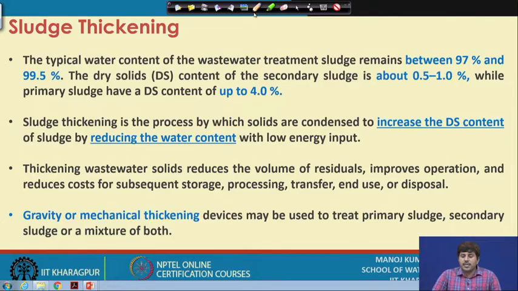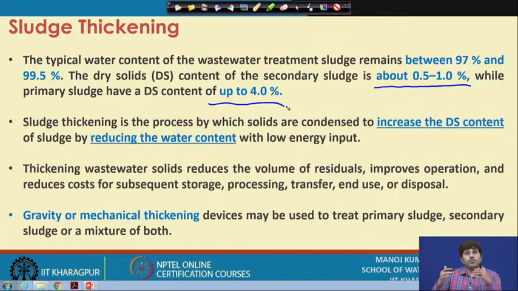The dry solid content will typically be about 0.5 to 1% in the secondary sludge, whereas in primary sludge it could be up to 4%. Secondary sludge particularly has much more water content, where dry solids could be between 0.5 to 1% and more than 99% is water.